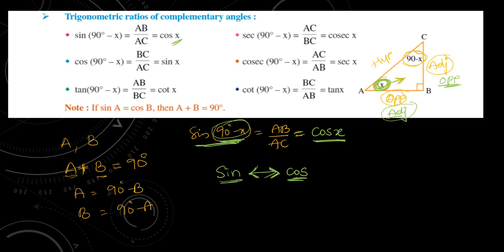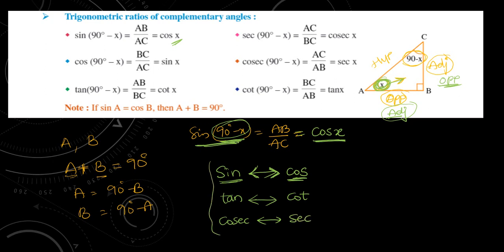The same way, tan changes as cot and cot changes as tan. The cosecant will be changed as secant and secant will be changed as cosecant.